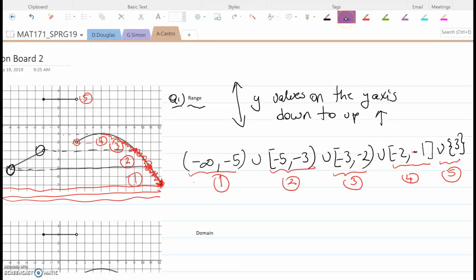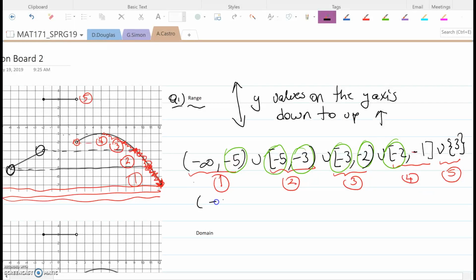So if you want to, we might be able to clean up this solution. Look at it. I'm ending with negative 5 parentheses, but starting with a bracket. Ending with negative 3 parentheses, starting with a bracket. Ending with negative 2 parentheses, starting with negative 2 bracket. So I can eliminate all those.